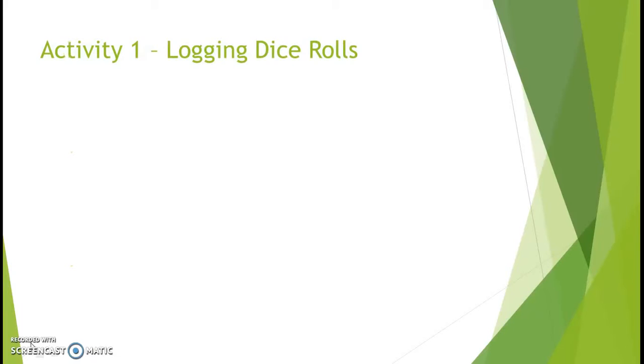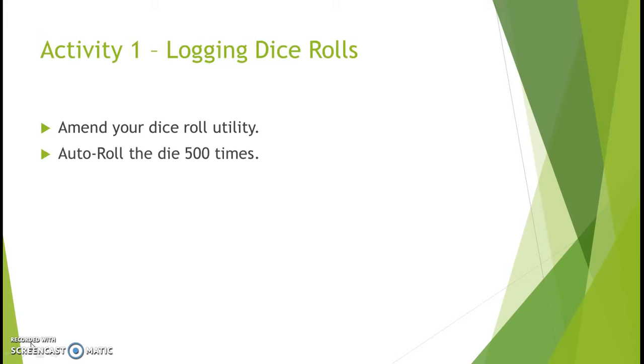So really what we're going to do today is jump straight from that to showing some applications, because I don't think this is particularly difficult in terms of a concept to understand how to implement. I think it's more important for us to understand how we use it. So what I'd like you to do is to go back to your dice roll utility that you used previously. And I want to make some changes to that dice roll utility.